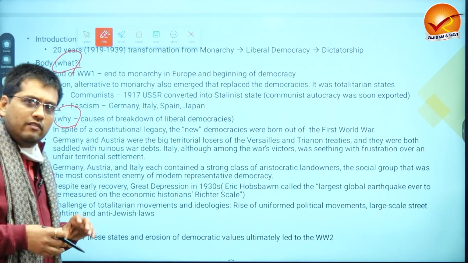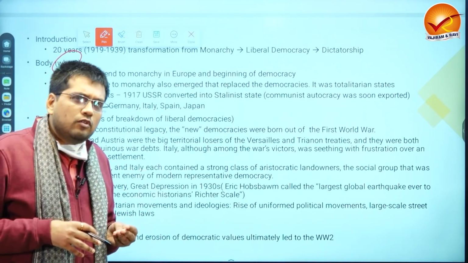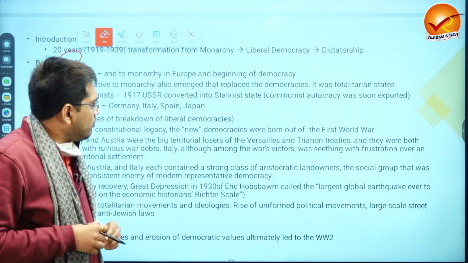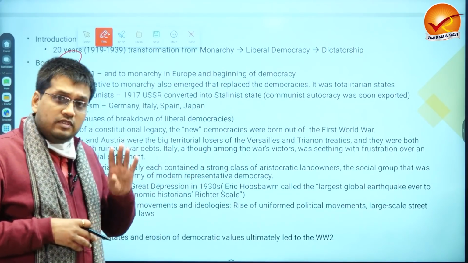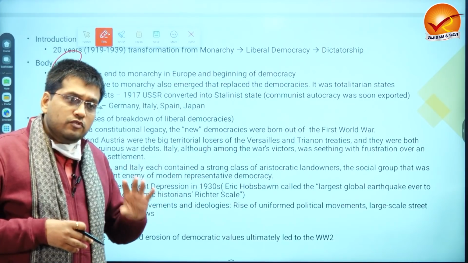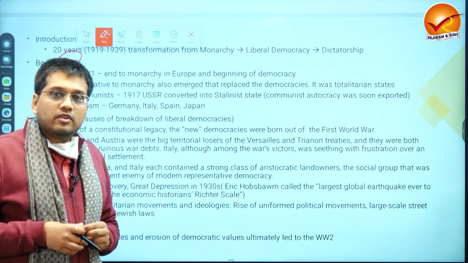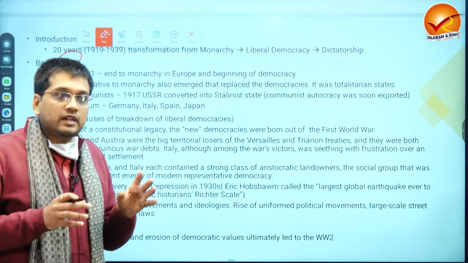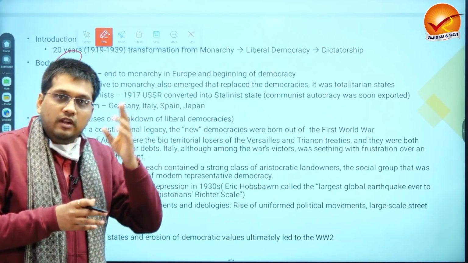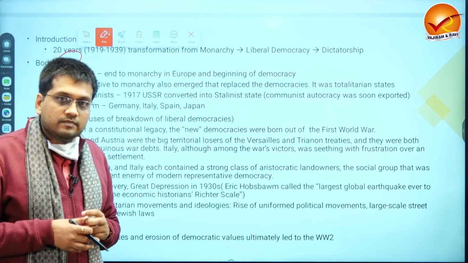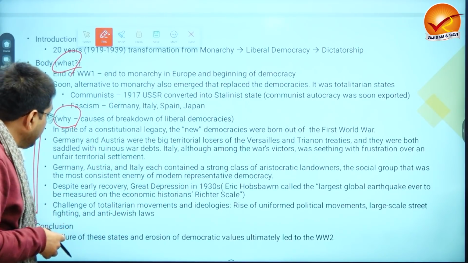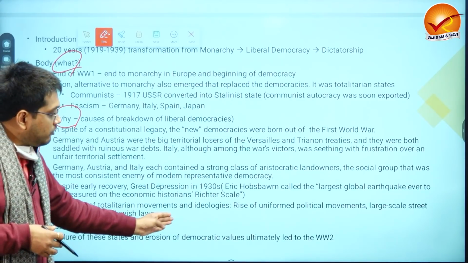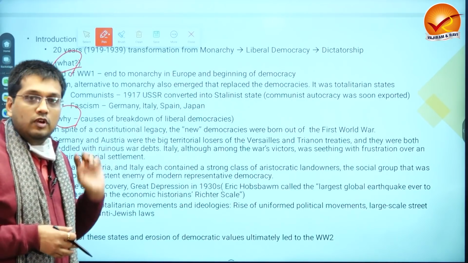If you want to go for a deeper analysis, you can talk of the strong class of aristocratic landowners that was there in these countries, which opposed the emergence of liberal democracy, and they preferred some kind of dictatorship, either monarchical or in the later era totalitarian. In the end, the failure of these states and the erosion of democratic values ultimately led to World War II.